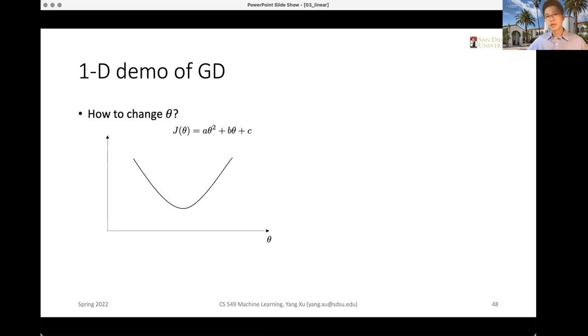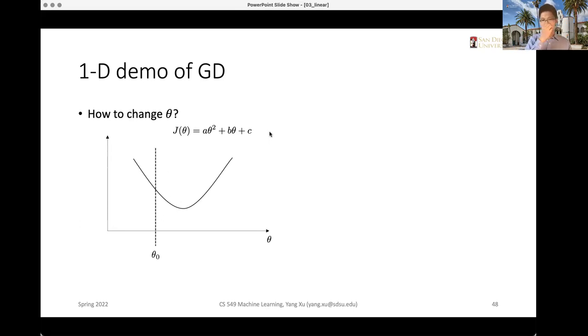So in this case, we look at a very generic quadratic function, right? J of theta equals a times theta squared plus b times theta plus c. The shape of it looks like this curve, right?